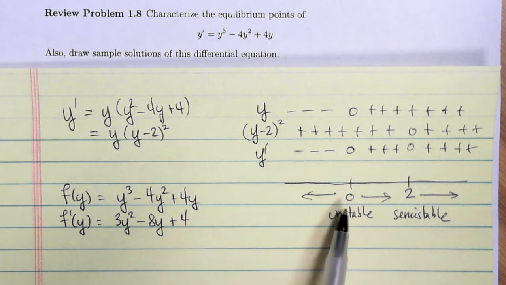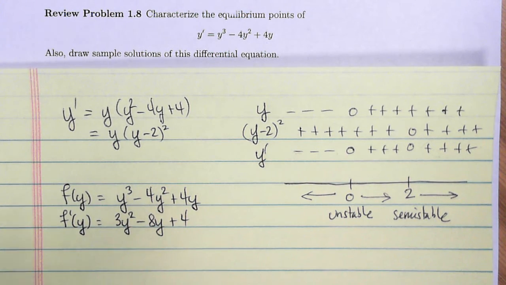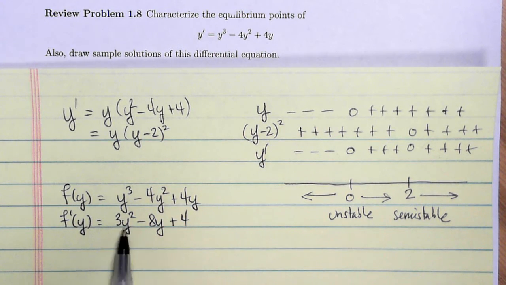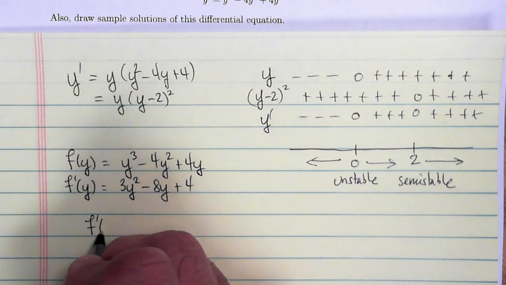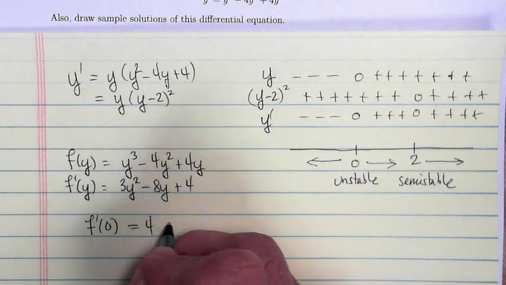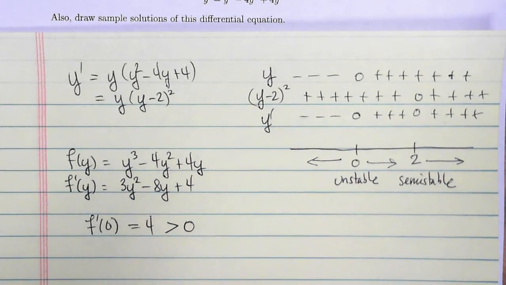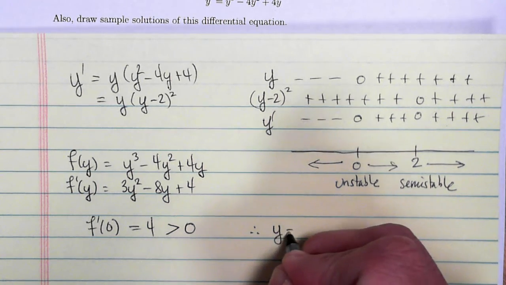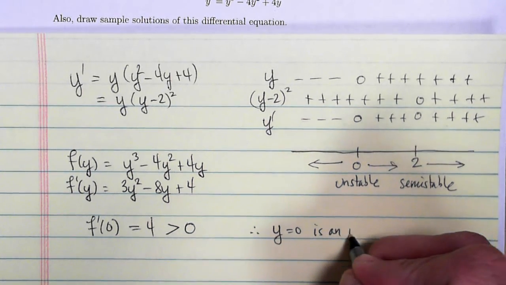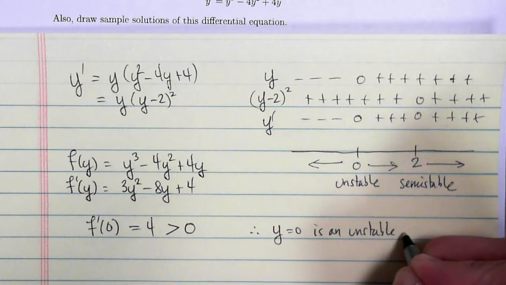Then I can plug in the equilibrium values, and depending on whether this is negative or positive, that'll tell us if it's stable or unstable. So if I plug in 0, I get 4. And the number 4 isn't important. What is important is that it's greater than 0. And so that means that y equals 0 is an unstable equilibrium.